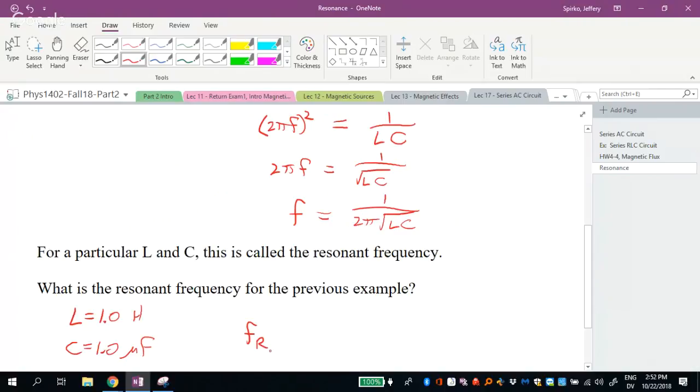It's common to put a little R on there, or a 0, for resonance: f_0 is 1 over 2 pi times the square root of 1.0 times 1 times 10 to the minus 6. So that gives us a resonant frequency of 159 hertz.